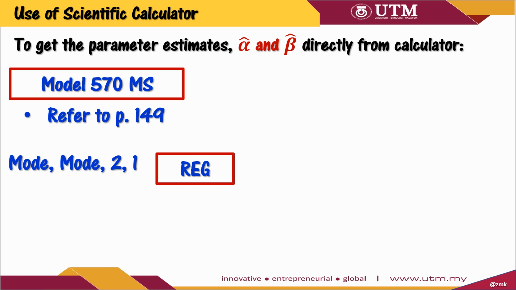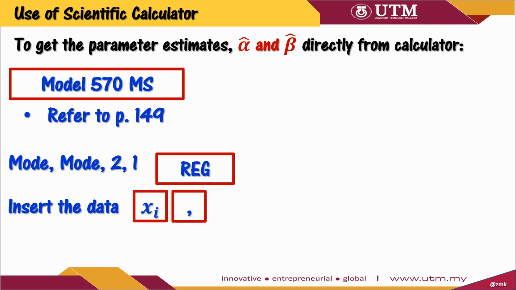Once you have REG on your calculator screen, now you should be ready to insert or store the PET sample data in your calculator by inserting xi value followed by a comma and then yi value followed by pressing the M+ button. You need to do this pair by pair very carefully.